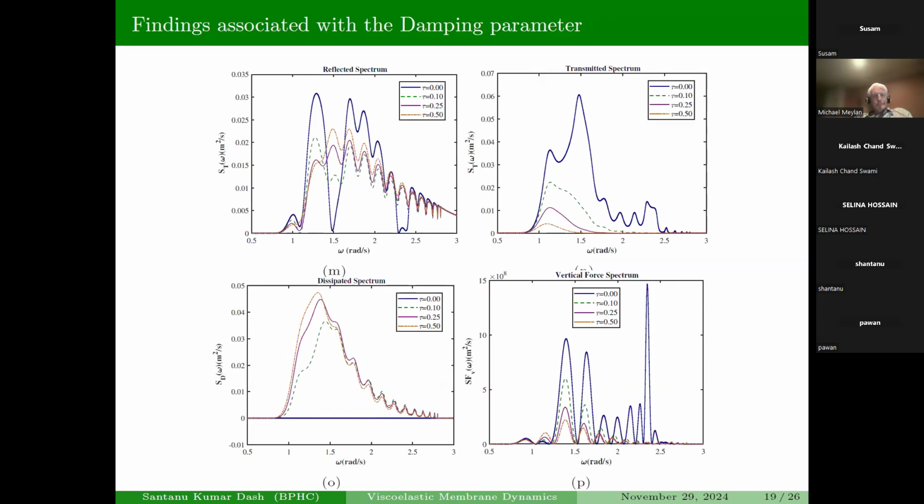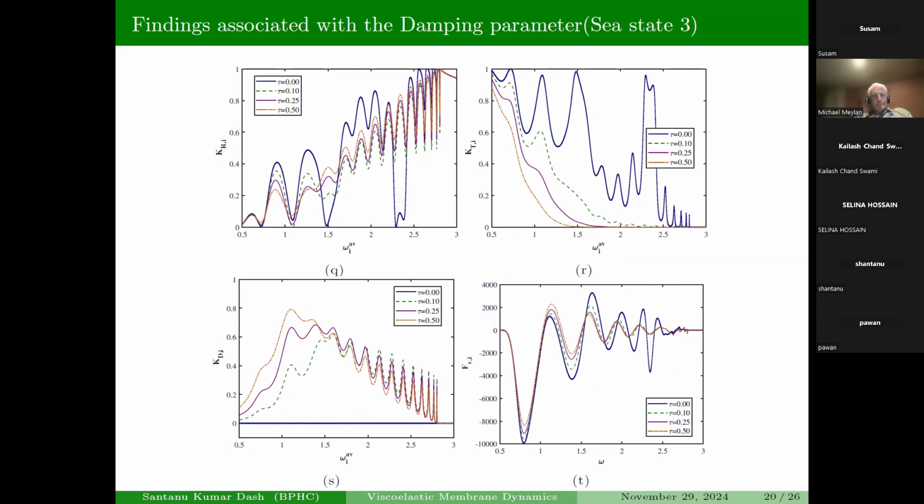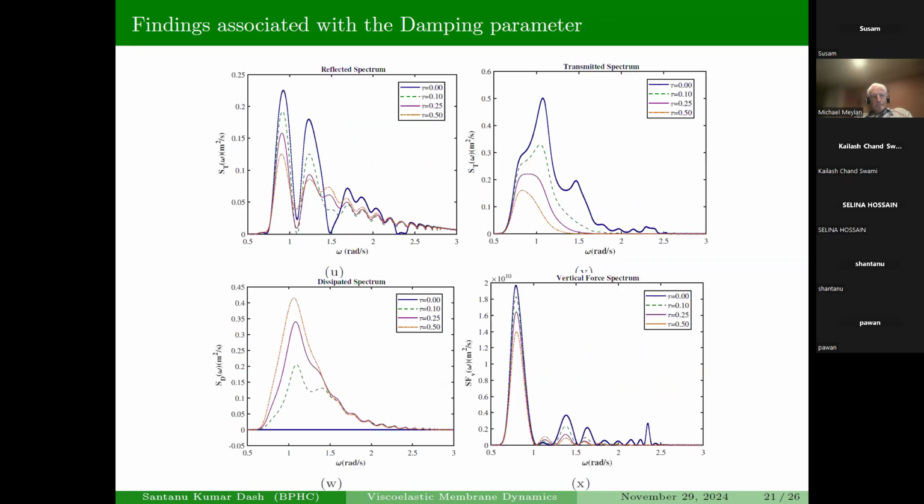Understanding the dynamics at higher sea state values is predominantly needed, because in the real ocean scenario, we don't have very low significant wave height or wave peak period. And these are the findings associated with the damping parameter for sea state 3. If you look, the vertical force spectrum associated with this Pierson-Moskowitz spectrum is comparatively higher in the initial range of 0.5 to 1.